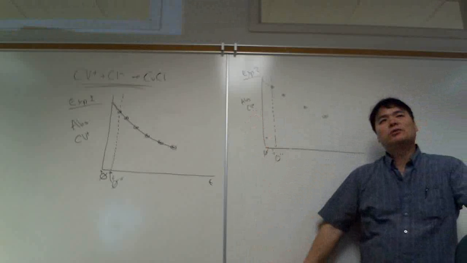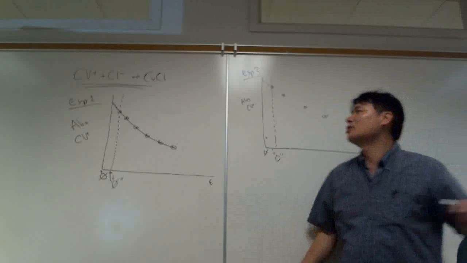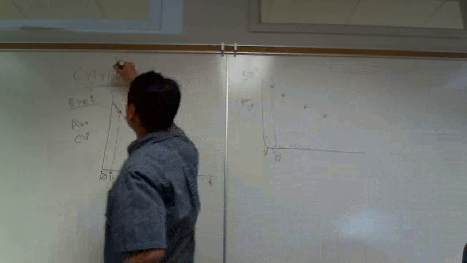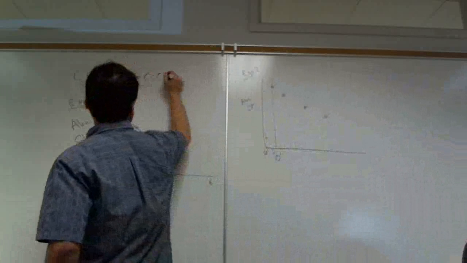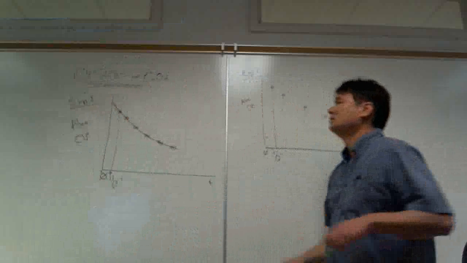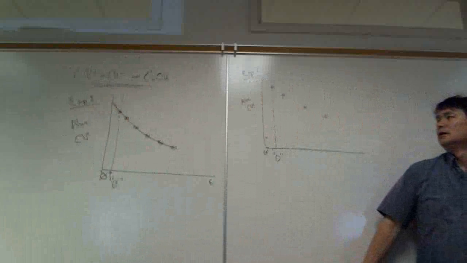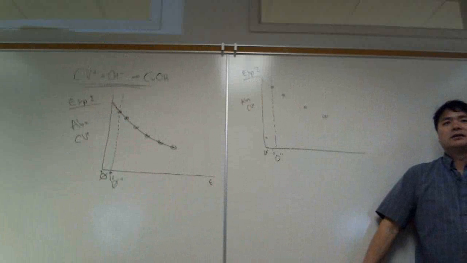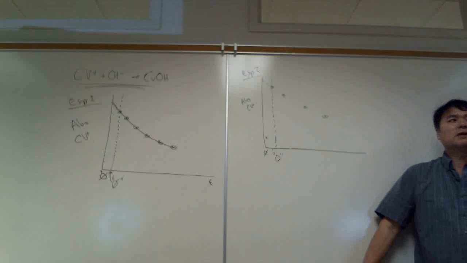How do we get the order with respect to hydroxide? How did we do that? Did we do a third experiment?